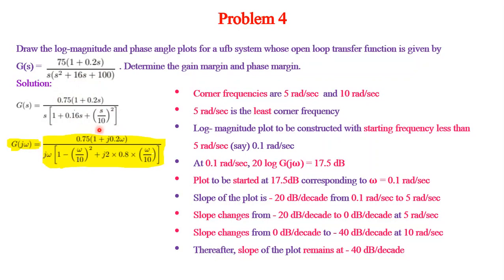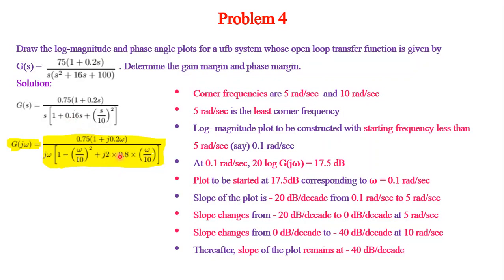When I am writing this open loop transfer function as a sinusoidal transfer function, I substitute s equal to j omega. So s by 10 whole square becomes j omega by 10 whole square. That means j omega whole square is minus omega square. Therefore minus omega by 10 whole square plus this j omega, so j 0.16 omega, which I write as j into 2 into 0.8 into omega by 10.